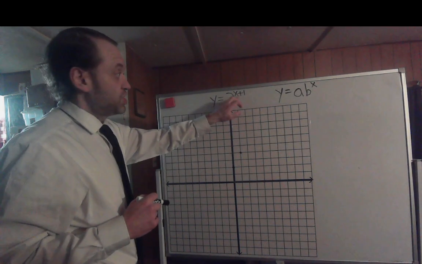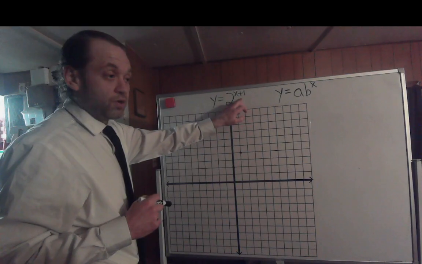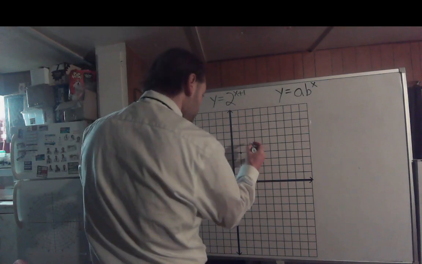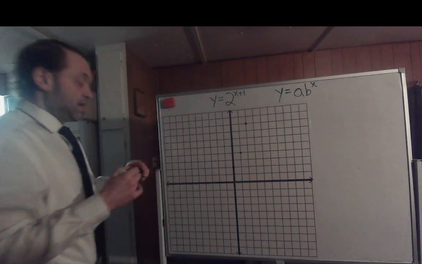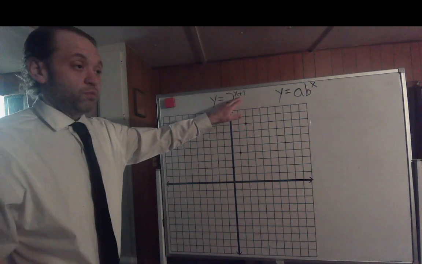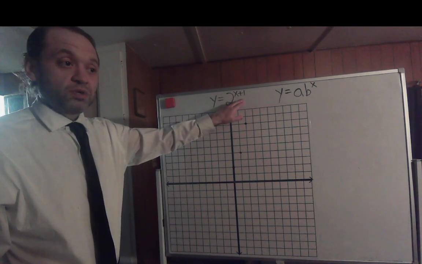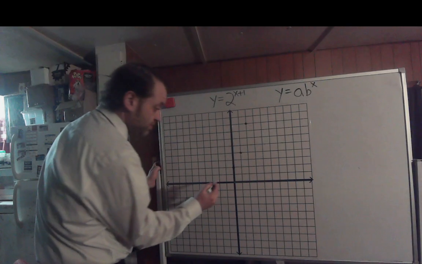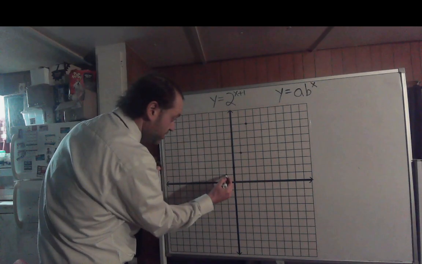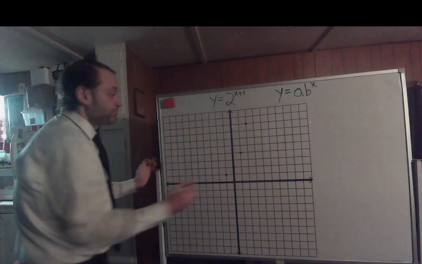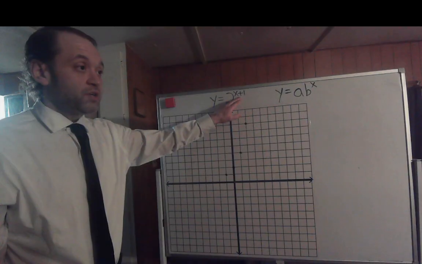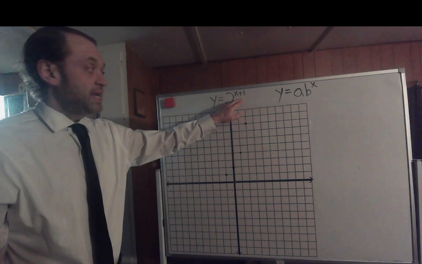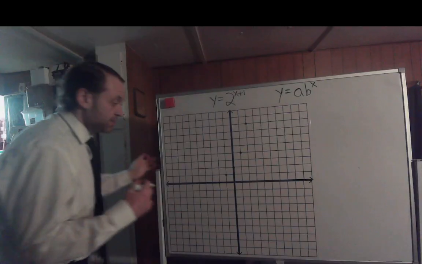Well, 2 to the third is 8, so at 2 you're already up to 8. Now let's put in negative 1. Negative 1 plus 1 is 0, 2 to the 0 is 1. So at negative 1 you have 1. And then when x is negative 2, negative 2 plus 1 is negative 1. 2 to the negative 1 is 1/2.